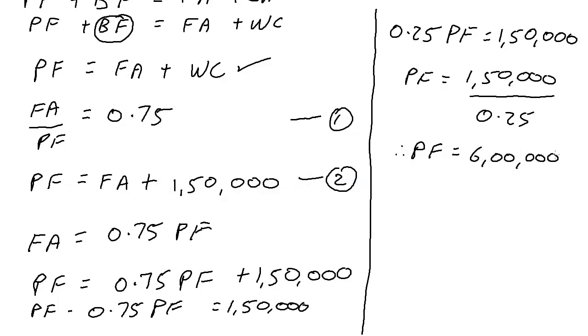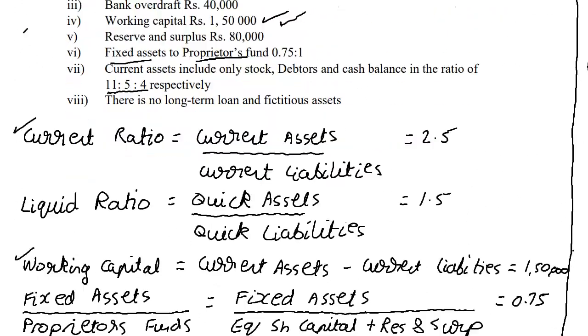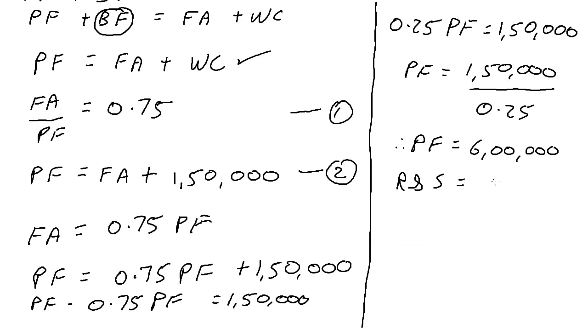Now, proprietor's fund is 6 lakhs, and we know that the reserves and surplus, given to us in the question, is equal to 80,000. I've already told you before that the proprietor's fund is equal to equity share capital plus reserves and surplus.